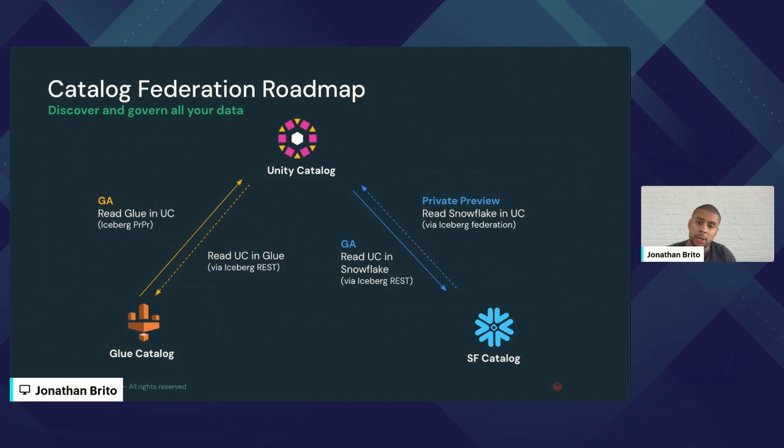So on the Snowflake side, Snowflake actually can federate to Unity Catalog's Iceberg REST Catalog interface. We actually have a private preview now for federating Snowflake Horizon Catalog. On the Glue side, something very similar, where we actually have the ability to federate to Glue, and we expect something similar in terms of where Glue is heading in terms of federating to Unity Catalog.